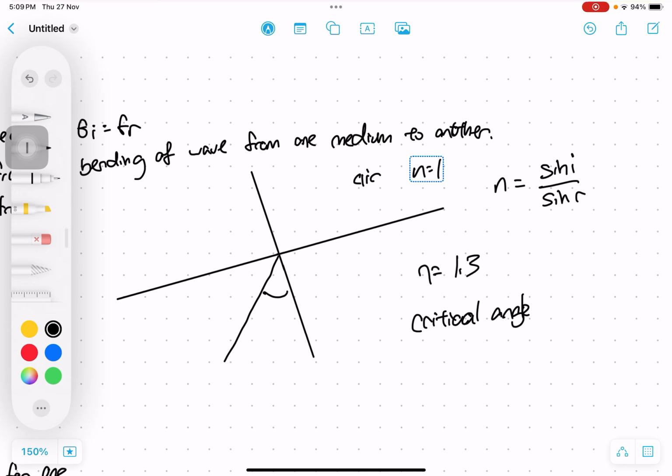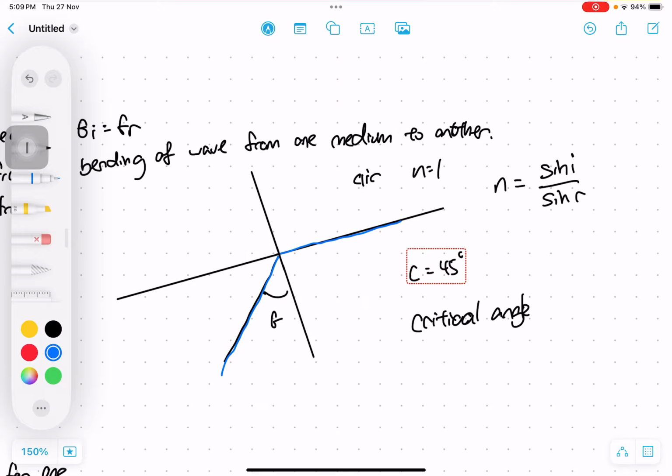For example, when the critical angle is 45 degrees and the light hits exactly 45 degrees, it will go in a straight line like this.